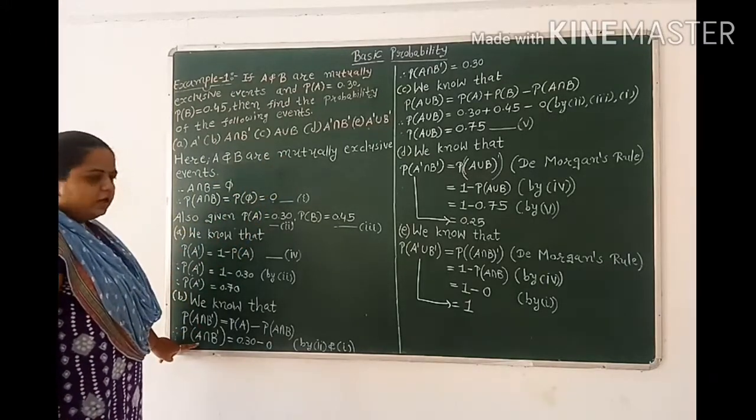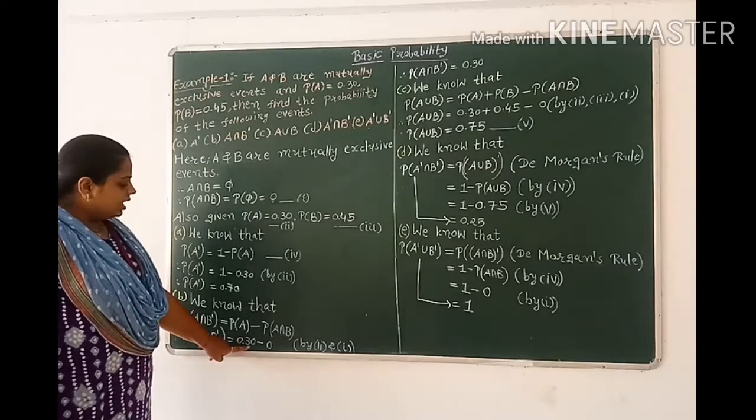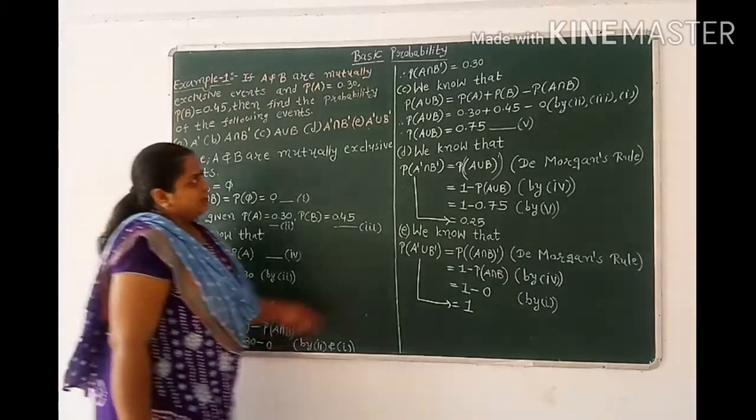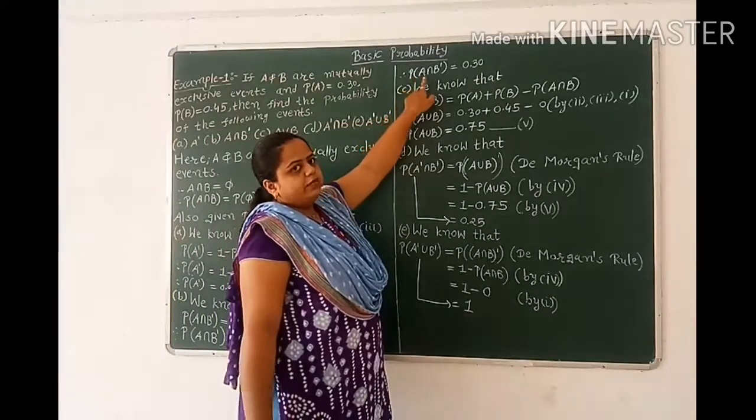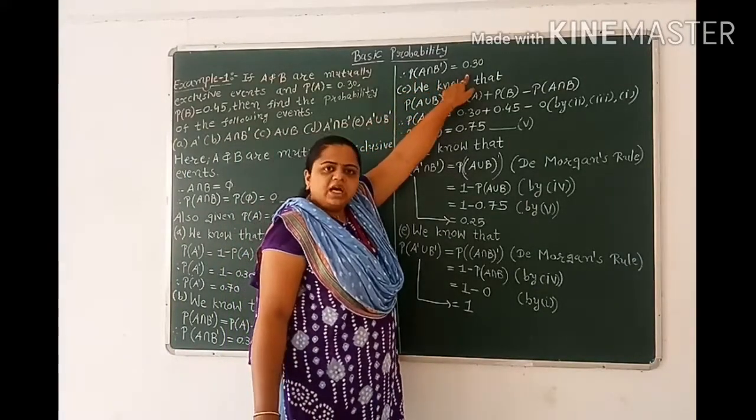So, probability of A intersection B dash equals 0.30 minus 0. Therefore, probability of A intersection B dash equals 0.30.